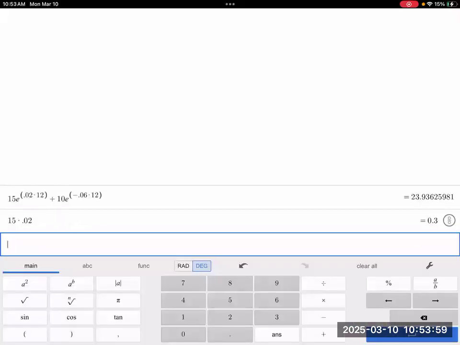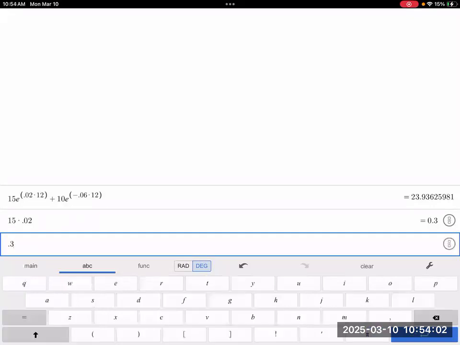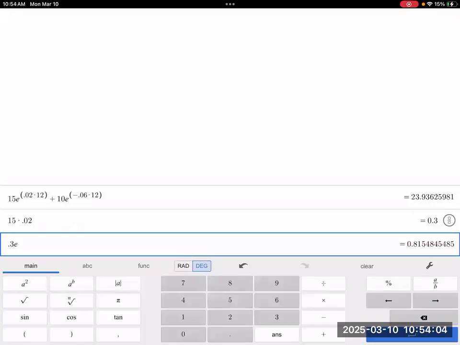So we have 0.3e to the 0.02 times 4. So that was 1 minus 0.6. I believe it was 0.6. Yep. e to the negative 0.06 times, oops. I like using parentheses, negative 0.06 times 4 in parentheses.